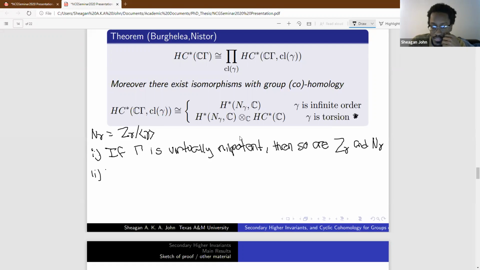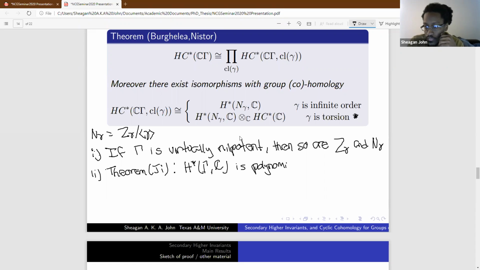And our second point here, and this is a theorem of Ji, which states that if we have any group gamma, and we take a look at this group cohomology, then this is polynomial cohomology for gamma virtually nilpotent.